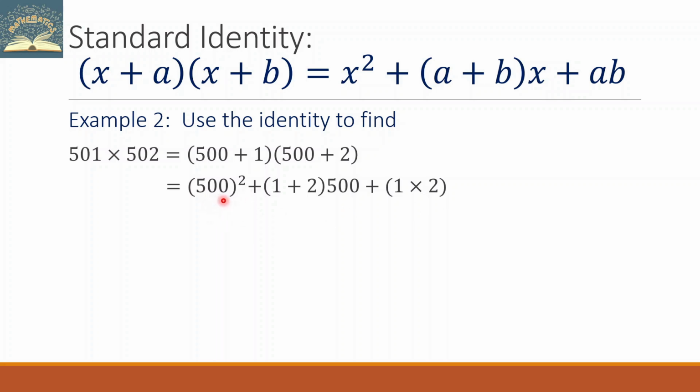The square of 500 is 250,000 plus 1 plus 2 is 3 times 500 is 1,500 plus 1 times 2 is 2. Finally, we take the total, and that is 251,502.